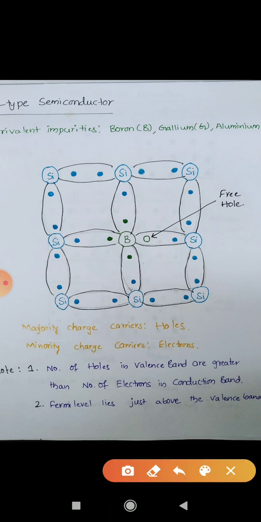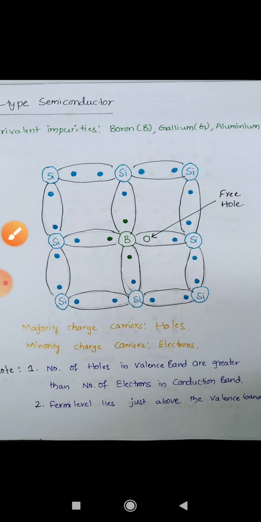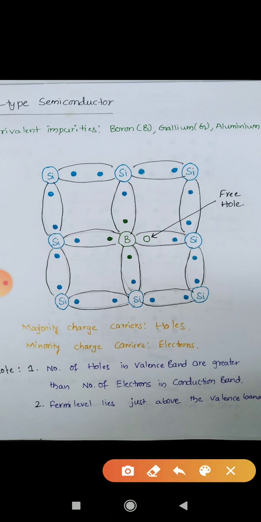Consider silicon, a tetravalent atom, and here we consider the impurities as trivalent impurities. Trivalent means they contain 3 electrons in the outermost orbit. The examples for trivalent atoms are boron, gallium, aluminum and indium. So when you add these impurities to a pure semiconductor, it generates holes.